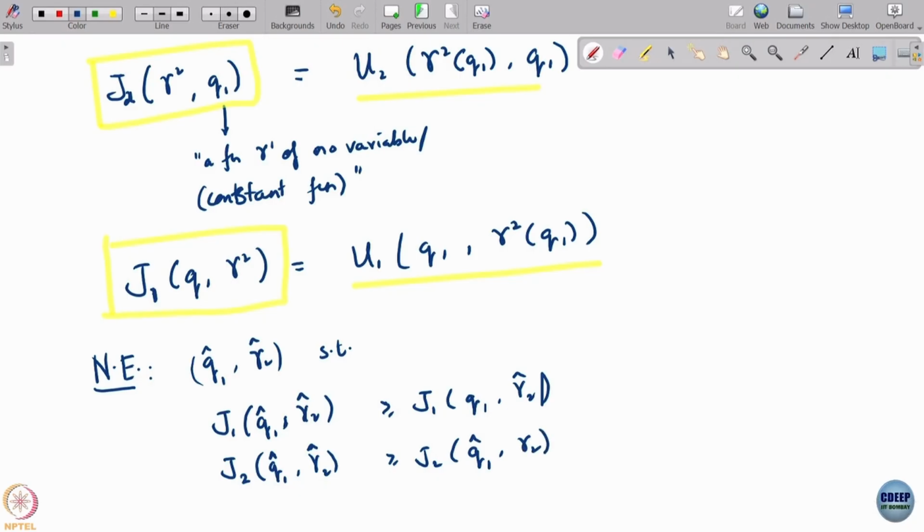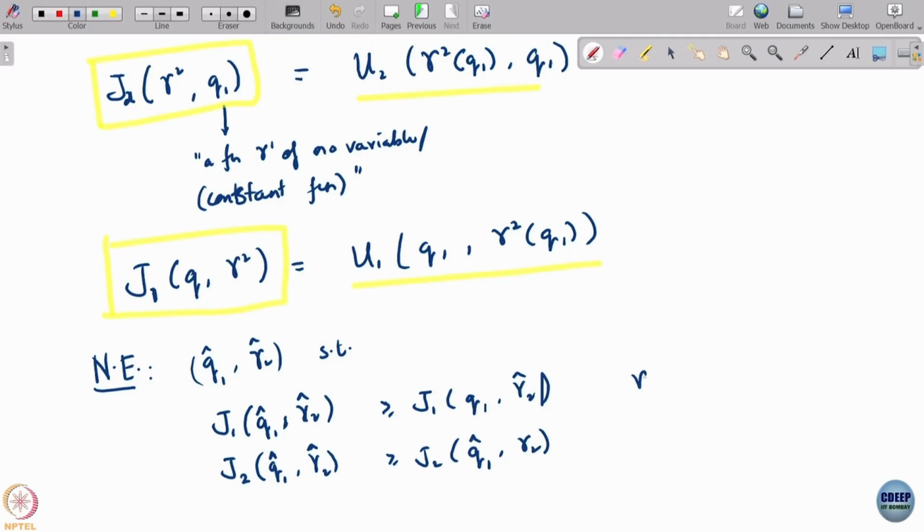So player 1 does not have an incentive to change its quantity, assuming player 2 is going to respond with the gamma 2 hat plan, right. And player 2 would not want to switch its plan, assuming player 1 does not want to change its quantity from q1 hat. Is this clear?